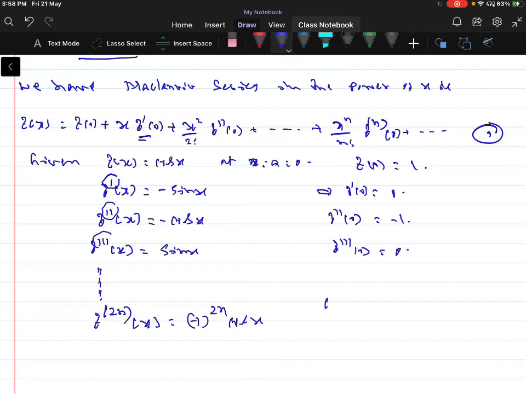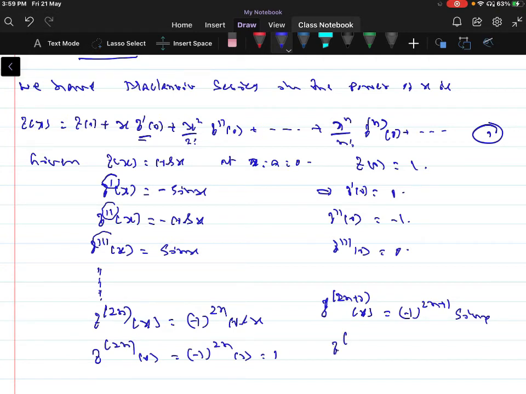Similarly, the 2n plus 1 derivative of the function f is equal to minus 1 to the power of n plus 1 into sin x. At x equal to 0, the 2nth derivative is minus 1 to the power of n into 1, and the 2n plus 1 derivative at x equal to 0 is 0.